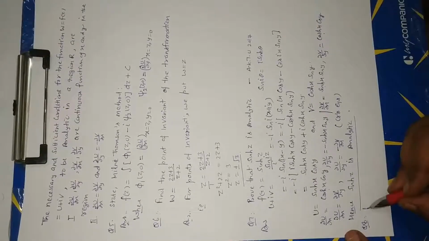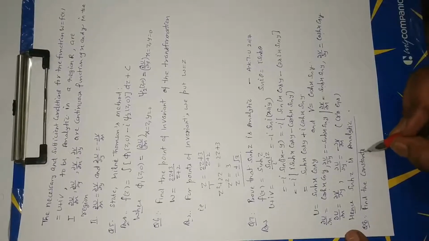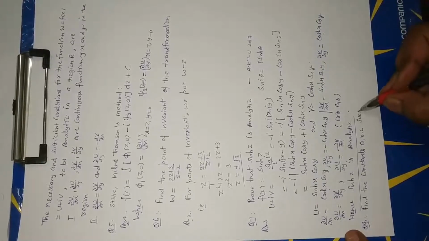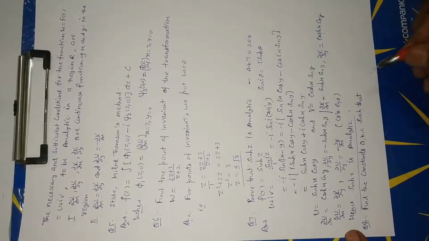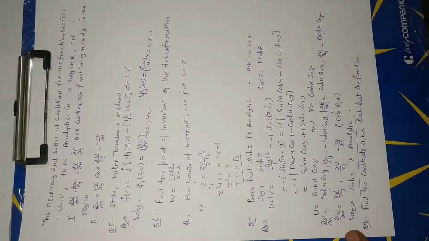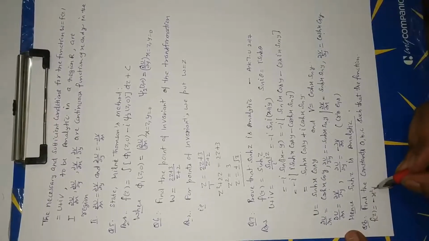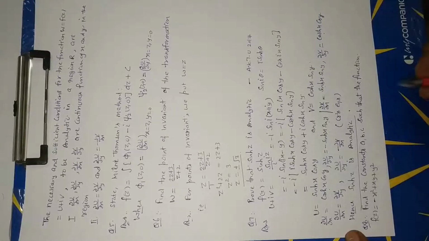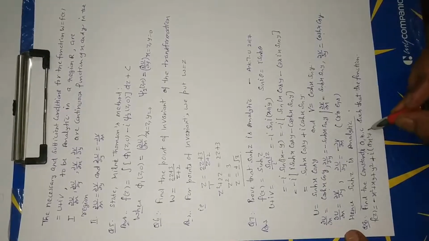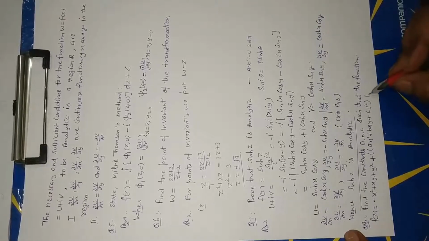Find the constants a, b, c such that the function f(z) = -x² + xy + y² + i(ax² + bxy + cy²) is analytic.